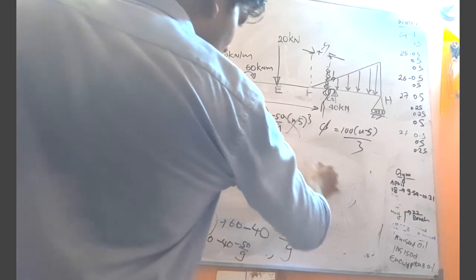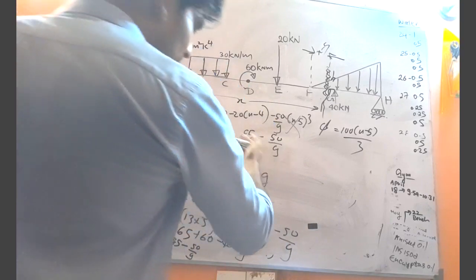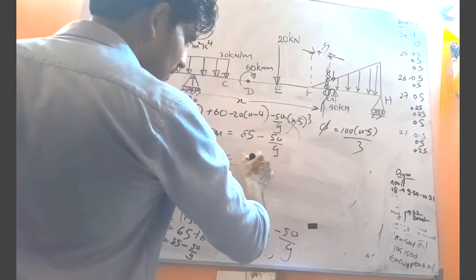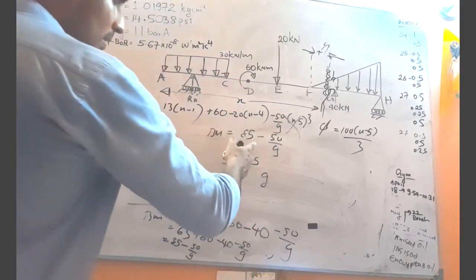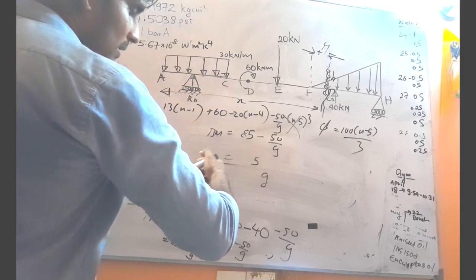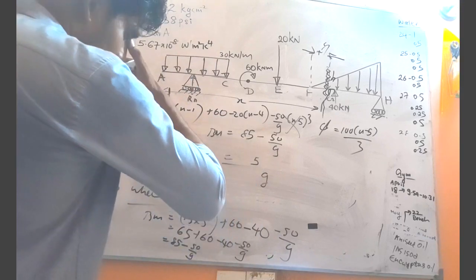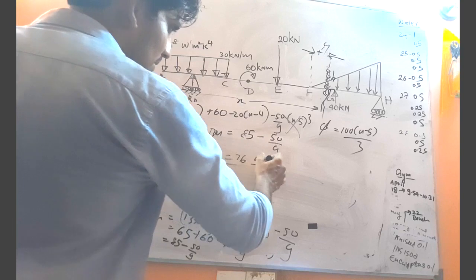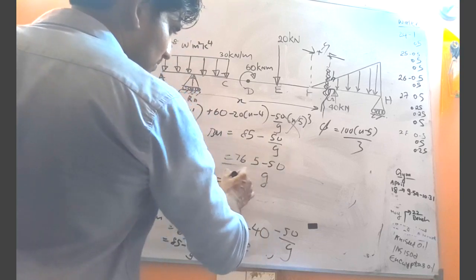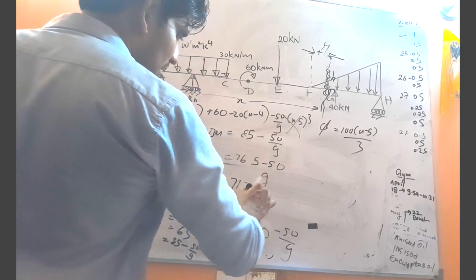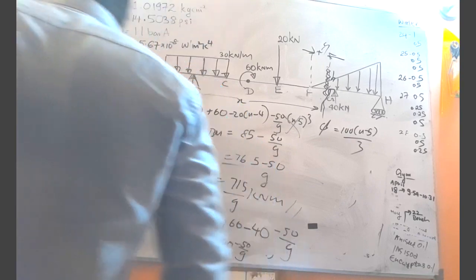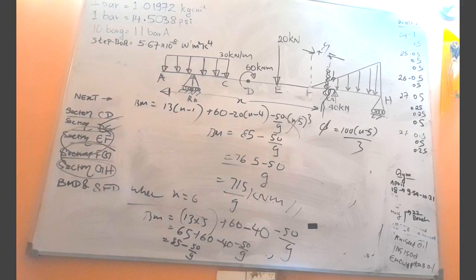LCM is 9, right? 9 into 5 is 45, 4 balance. 9 into 8 is 72, then 72 plus 4, 76 minus 50. The answer will be 715 divided by 9 kilonewton meters, right?